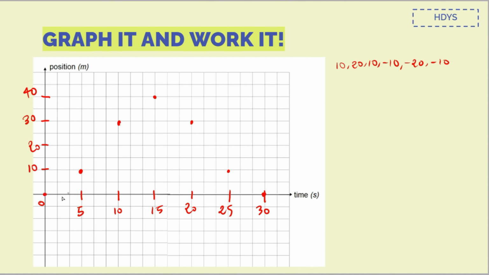They would look a bit like a parabola in a sense. It starts out at 0, goes to 10, all the way to 30, maxes out at 40, goes back down to 30, all the way down to 20, and back to its starting location at 0. So this is what your position and time graph should look like.